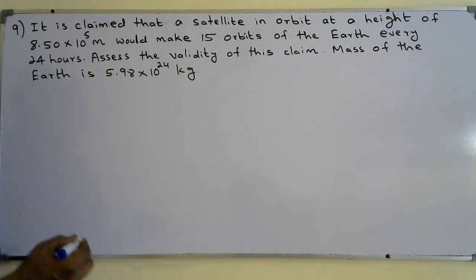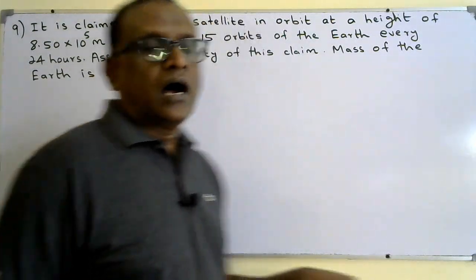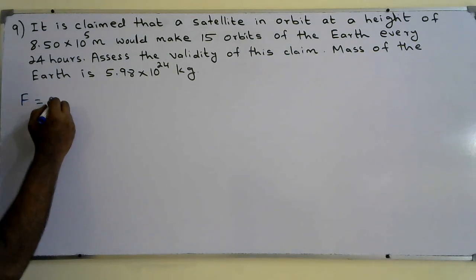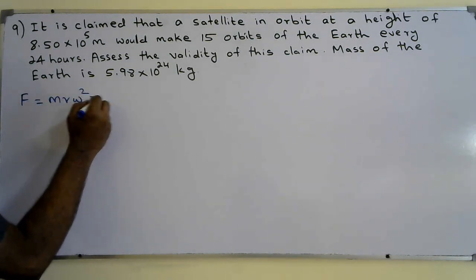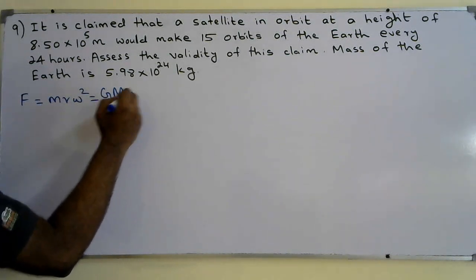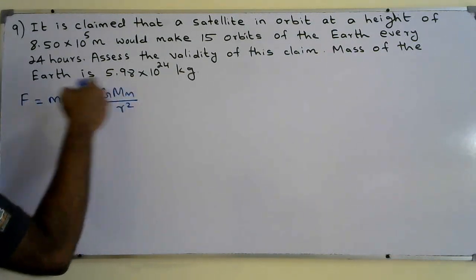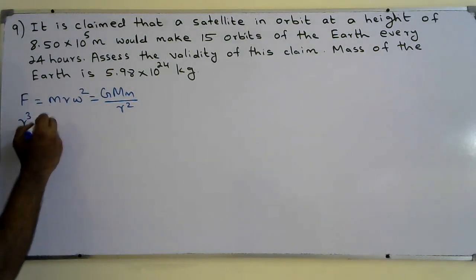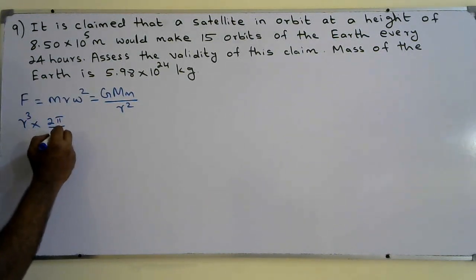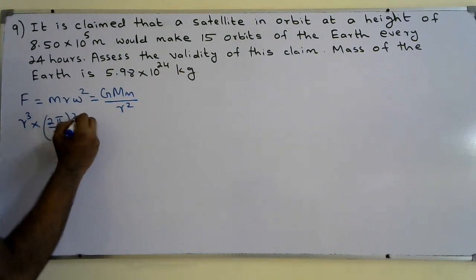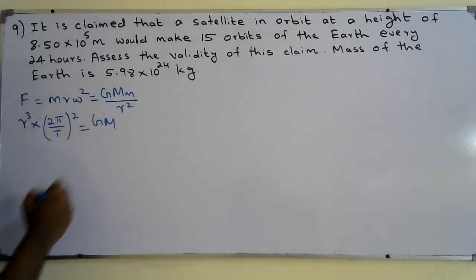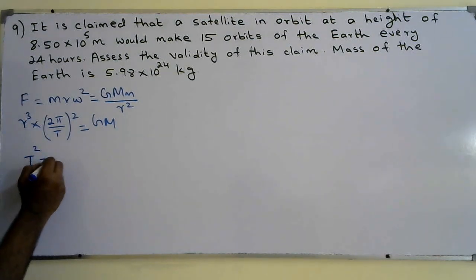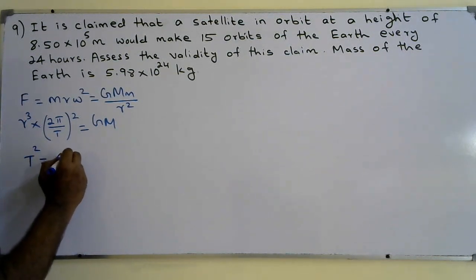The required centripetal force, mrω squared, equals GMm over r squared. m will get cancelled, so r cubed into ω, which means 2π over T, all squared, equals GM. So making T squared the subject, T squared is equal to 4π squared over GM into r cubed.